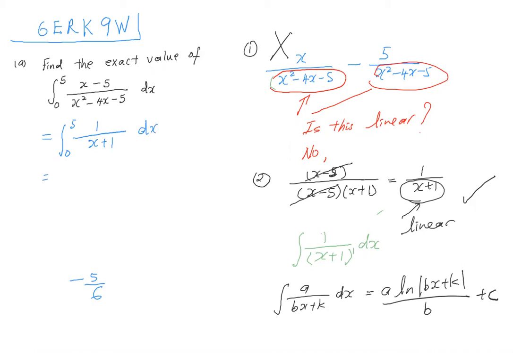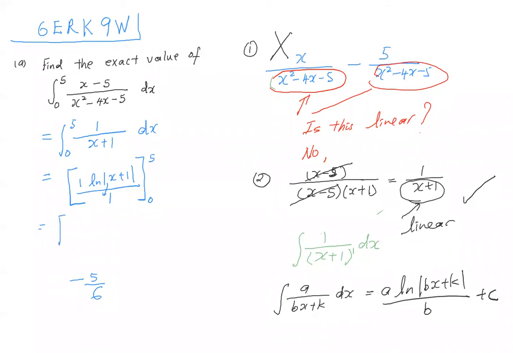When you integrate, you put a square bracket, 1 ln modulus x plus 1 divided by the coefficient of x, which is 1. I always remind myself, even if it's a 1, I also write. In the exam, you can skip it, but I have to remind myself to divide by the coefficient of x.